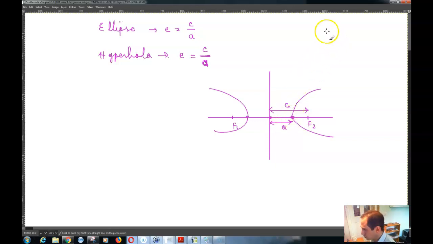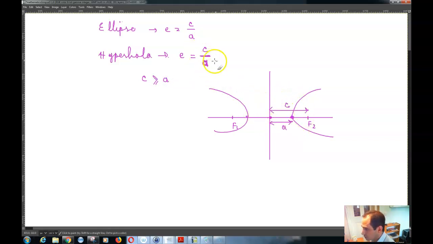This part moves to the top, this part moves to the bottom. But anyway, this vertex can move all the way up to here. So you can say that C is greater than or equal to A.